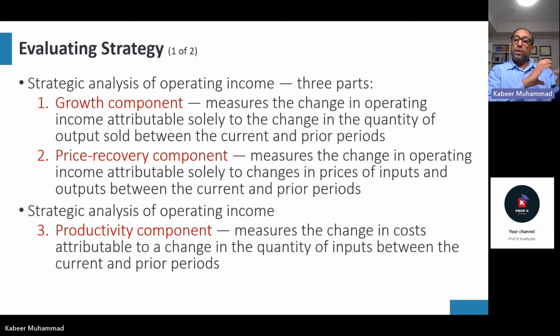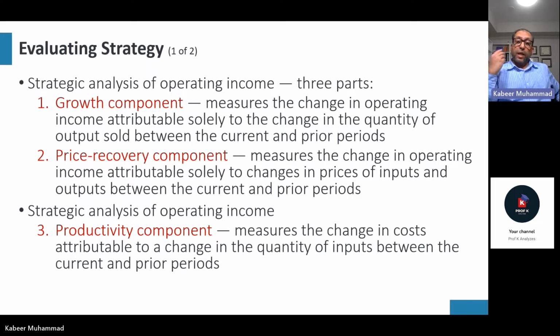These two components really play an important role if we increase our productivity, for example after training of the employees or after more satisfaction of the employees. Are they more productive or not? This component of analysis gives us the idea whether we really improved our productivity or whether it's only because of the increase in the price component. So you see, these are the three components of analysis for profitability.